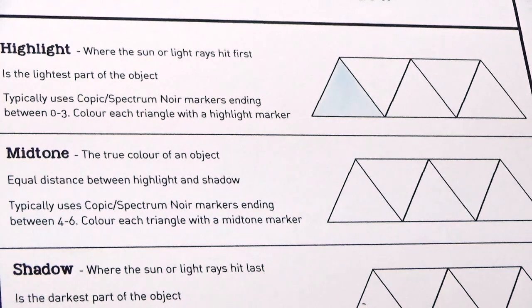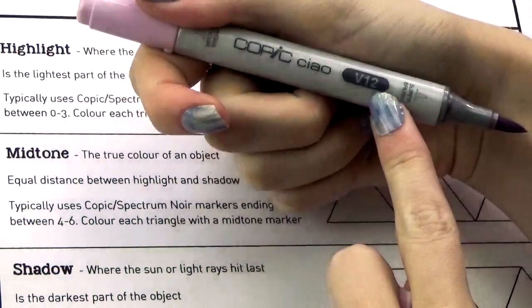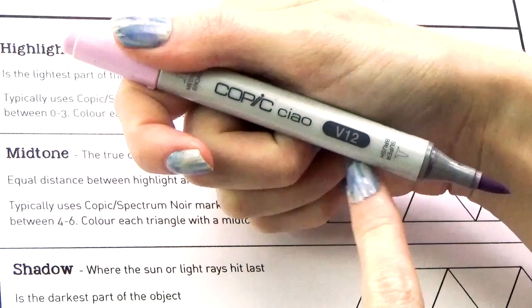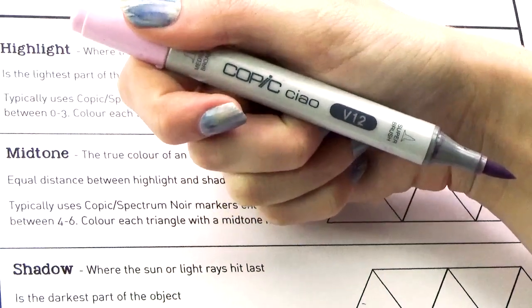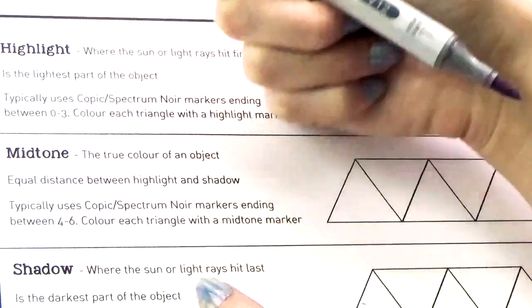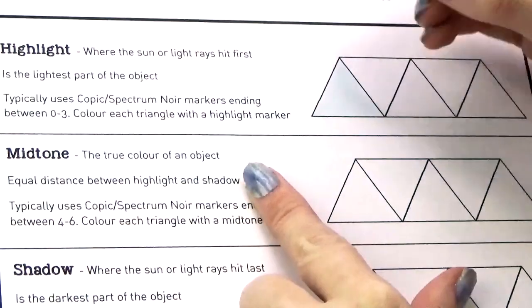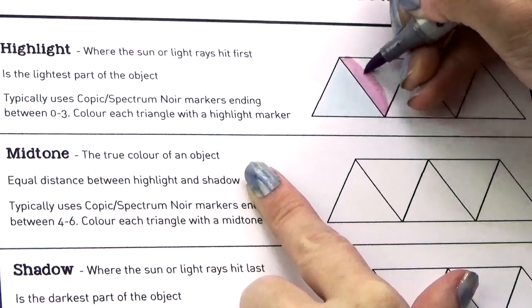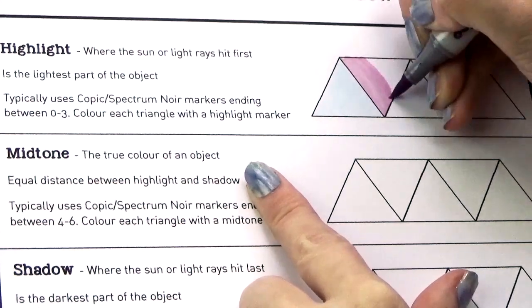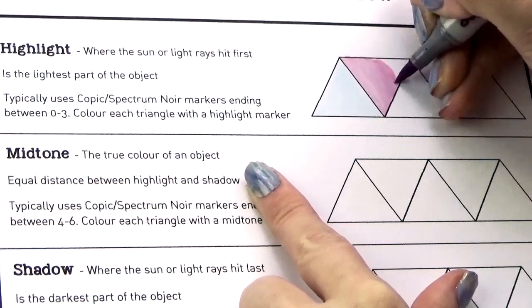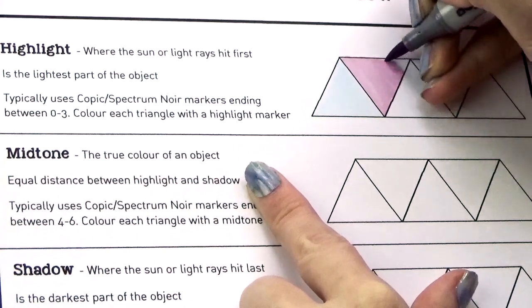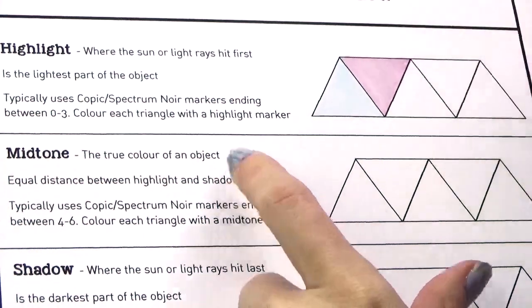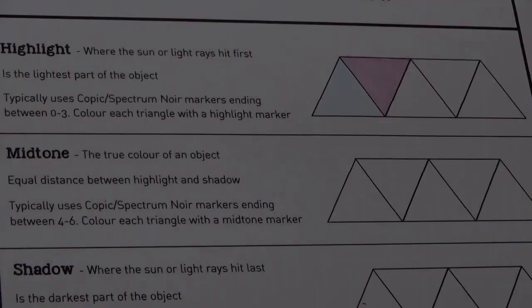And then that last number, so I've got here B12, so it ends in a 2. That's telling me whether it's highlight, midtone or shadow. So we're now working in the highlights, anything ending between 0 and 3. So my 2 absolutely falls between that. So that's going to be another highlight marker. So I'm just going in and adding that to one of my triangles.